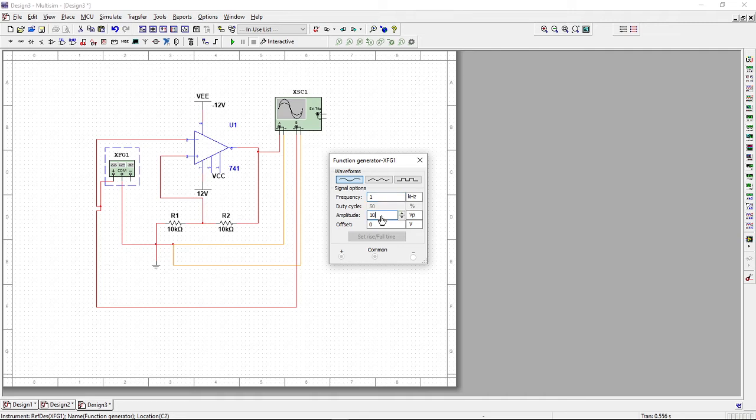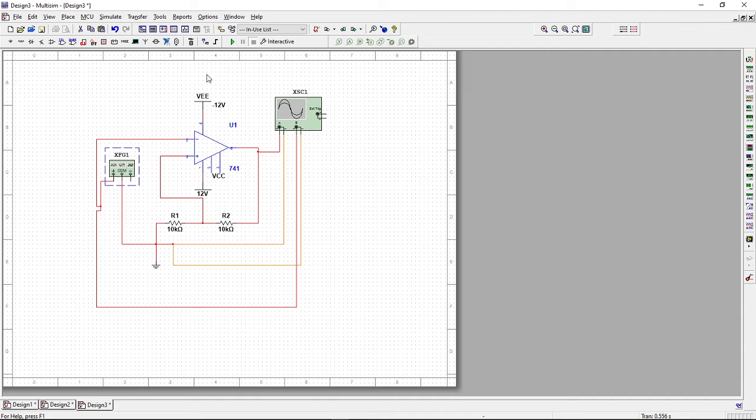Here 10 volts is enough, because VP means only the positive peak, which will be 10 volts. For the negative peak it automatically generates minus 10 volts. Then overall the peak to peak input will be 20 volts. I am giving a sine waveform as input to the circuit, and let us run the circuit.